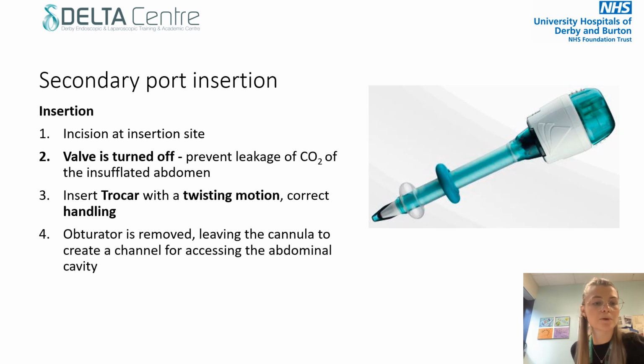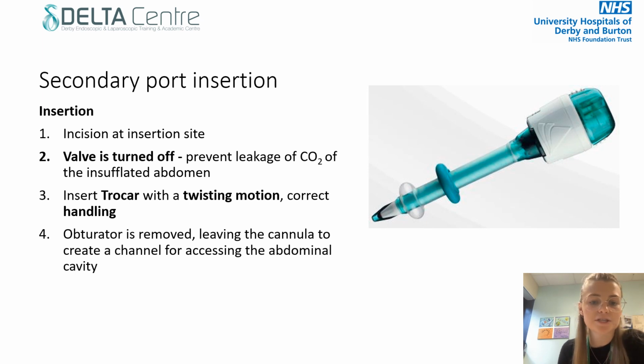So talking now more specifically about the secondary port insertion. A trocar is an instrument used to create these port sites. And this is what we can see in the image here, and it consists of an obturator, which can be either bladed or non-bladed, and also a cannula, which after insertion is left transabdominally and creates a channel of access to the abdominal cavity.